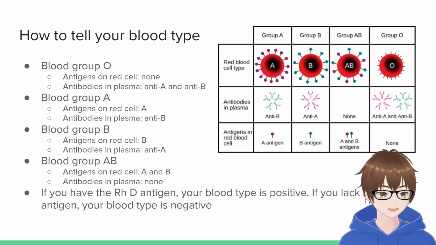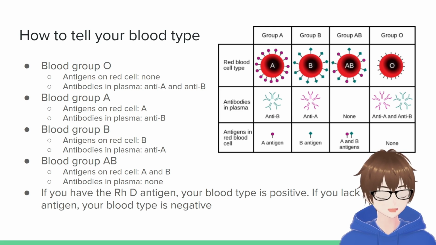If you have B type, you'll have B antigens, and you'll have anti-A antibodies in your plasma. If you're AB, you'll have no antibodies in your plasma, and you'll have AB antigens on your red blood cells. Then group O, you'll have no antigens on your red blood cells, and you'll have anti-A and anti-B antibodies inside your plasma.